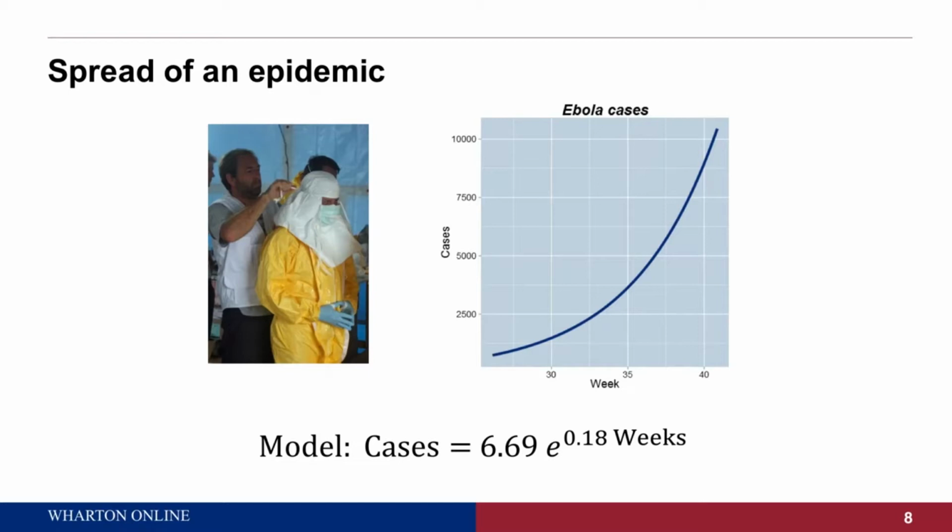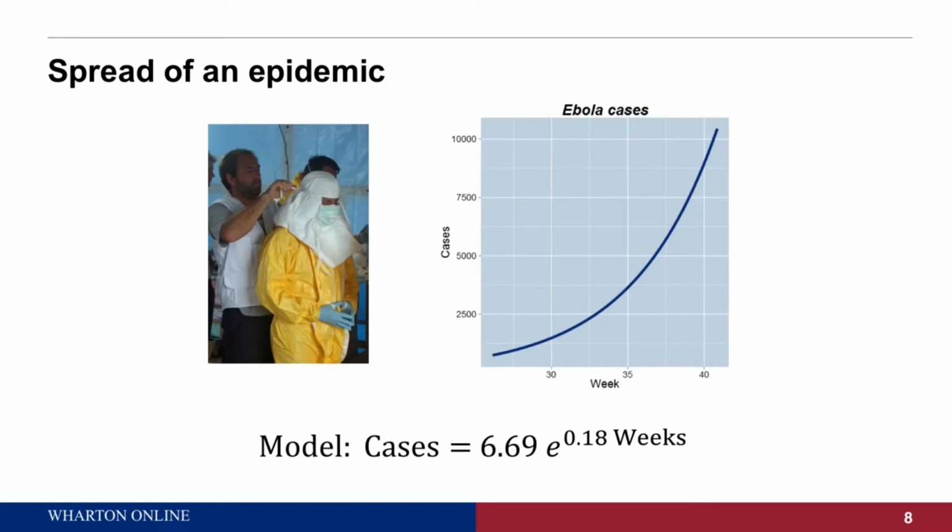On the bottom axis, we have week, and on the vertical axis, we have the number of cases that have been reported. And notice now that in this graph, it's no longer linear. It's what we would term a nonlinear relationship. It is growing very quickly. We term this exponential growth, and it might be more appropriate for the spread of an epidemic in its early phases.